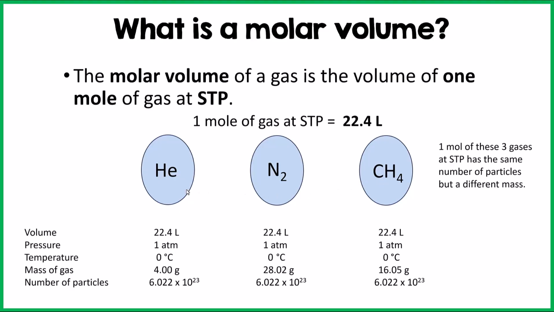But they have different masses. So if we hold the volume and temperature and pressure all the same, because it's at STP, which is standardized, the number of molecules or particles is going to be the same for each of these because they each contain 1 mole, but the mass is going to be different because there are different atoms involved in these gases.